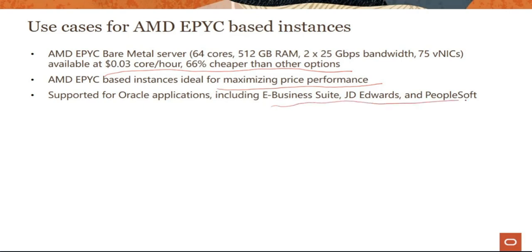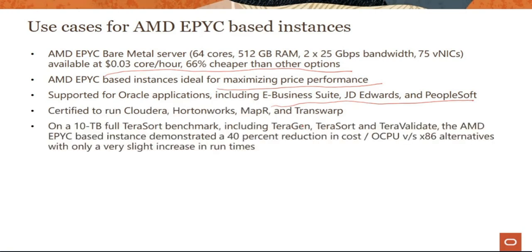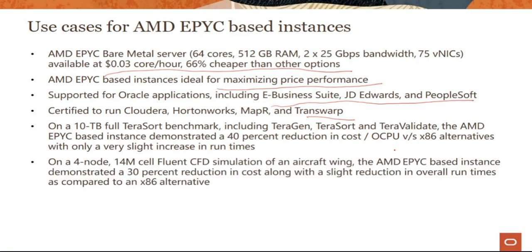All our apps are certified to run on AMD, so you can definitely run those. There are also various scenarios like big data, where you can run the AMD instances, and you can see some numbers here for different scenarios, big data, HPC, computational fluid dynamics, where you can test and see that it really is in that price performance realm.